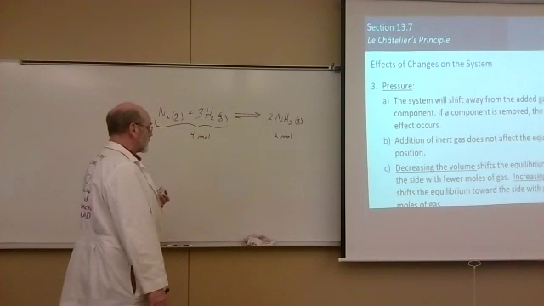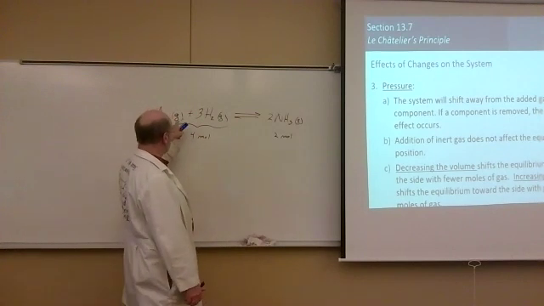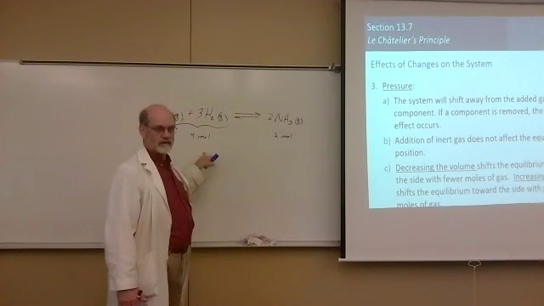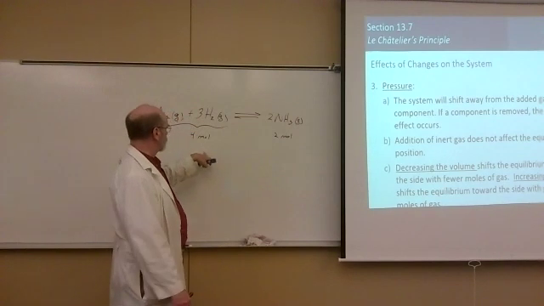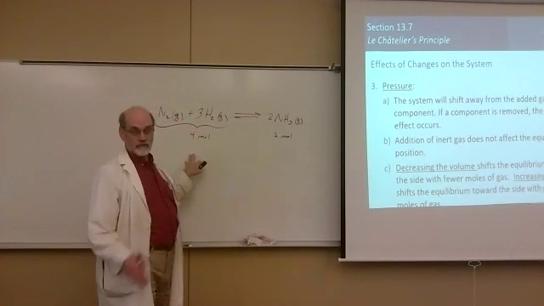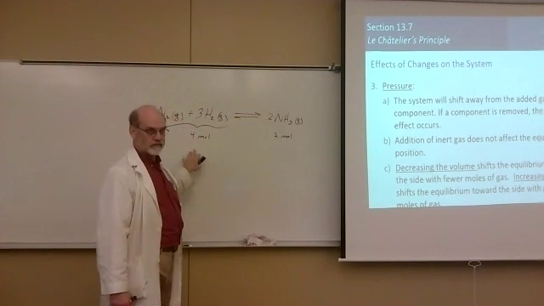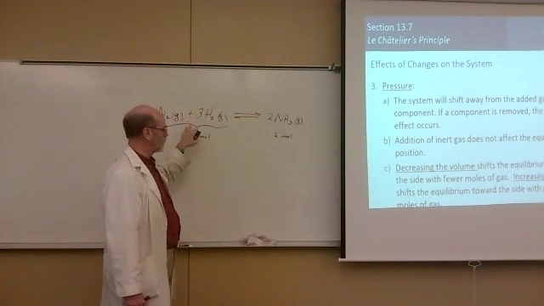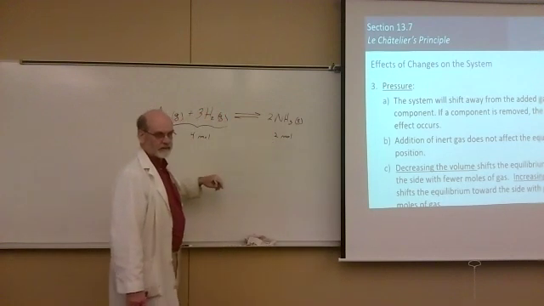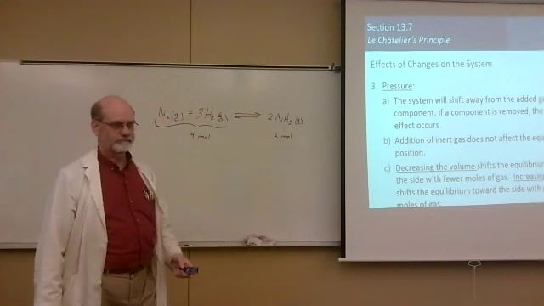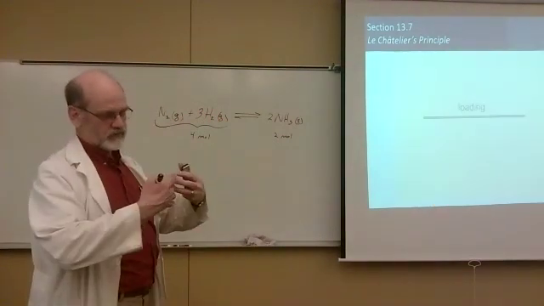Now, we could change the pressure by just adding more of these gases, right? But then you could approach it from this way, or you could approach it from the concentration side too. You're increasing the partial pressures of each one of these, which drives the reaction that way. So they sort of intermingle.